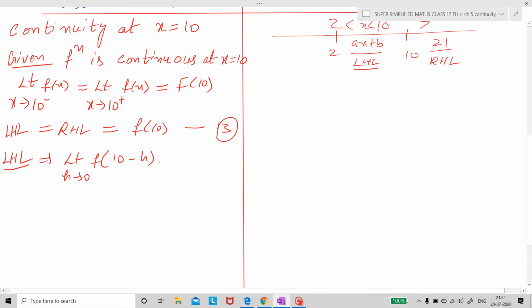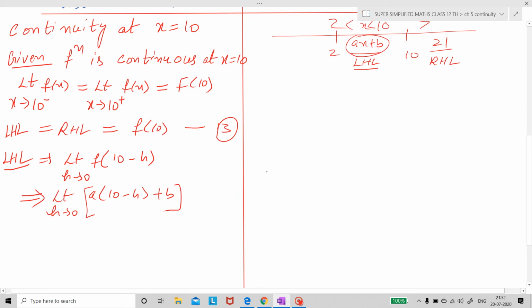Here a is 10. Now since f(x) for left hand limit is ax plus b, for limit h tends to 0, f(10 minus h) means in place of x I put 10 minus h. I can explain you if you have any doubt.